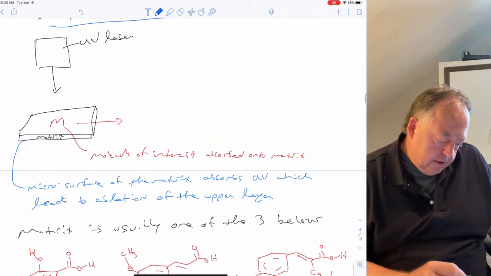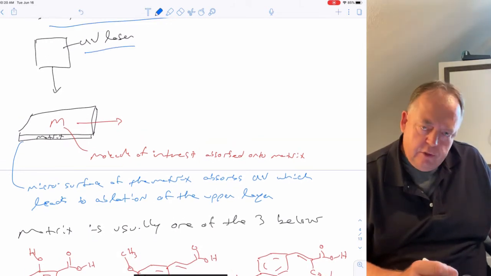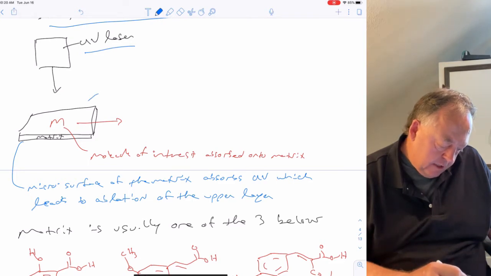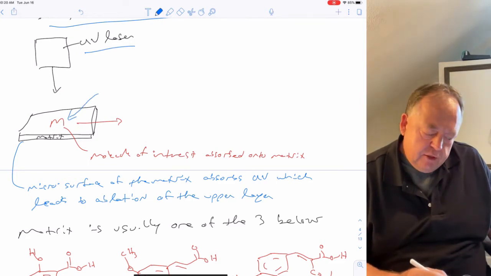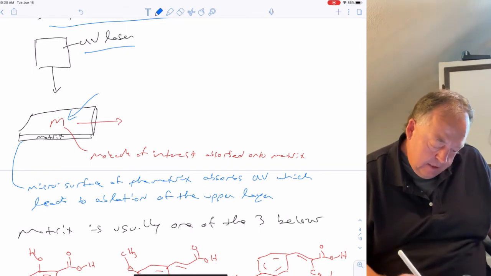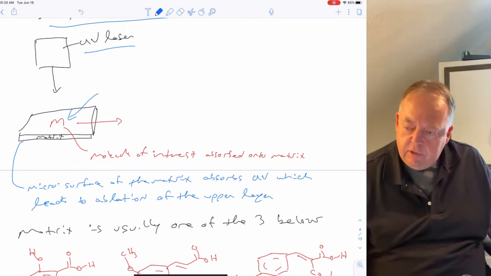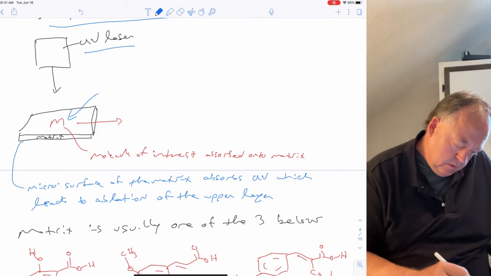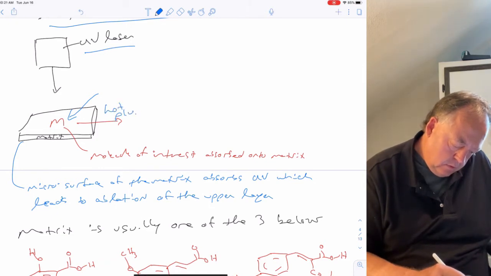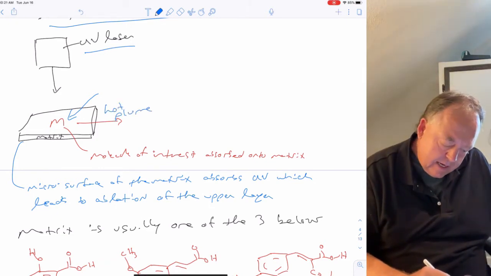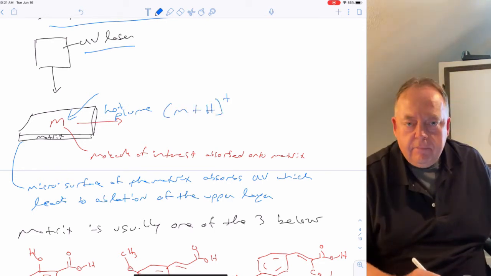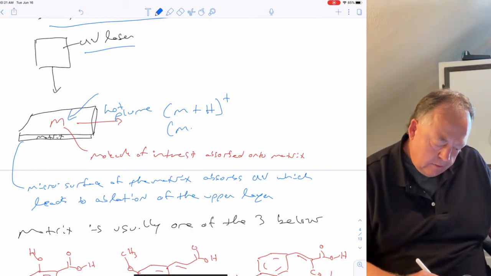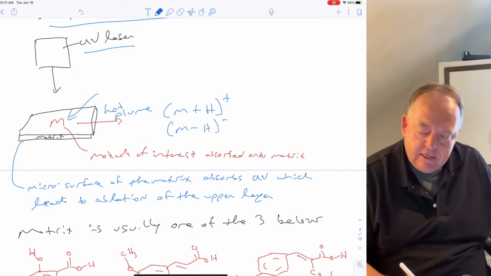So the way it works basically is it's based on a UV laser. And so again, you take your molecule and embed it in a matrix and then hit that with a laser, and that will cause your molecule of interest to ionize and go into the gas phase. So you get a hot plume that comes out where your molecule may pick up a proton and be positively charged that way, or your molecule may lose a proton and be negatively charged.